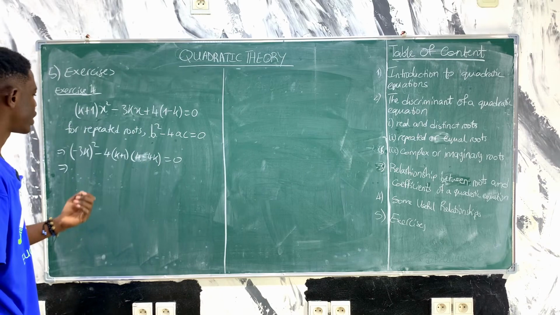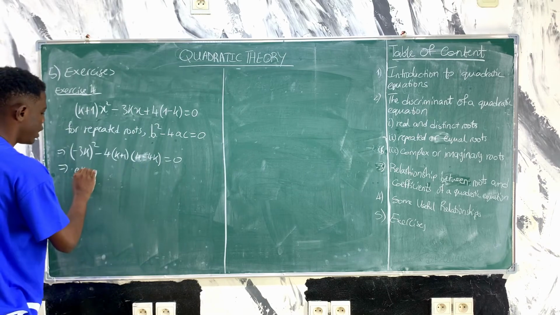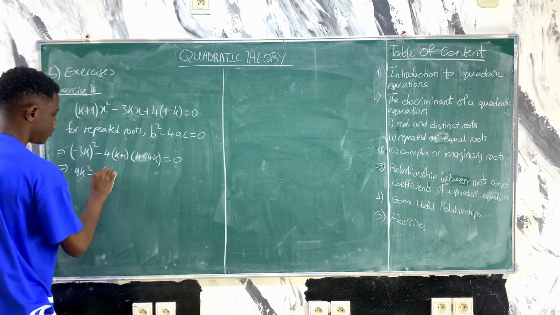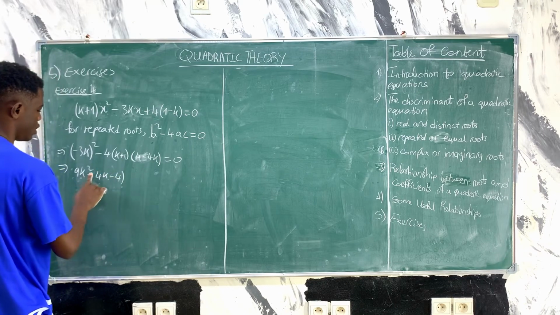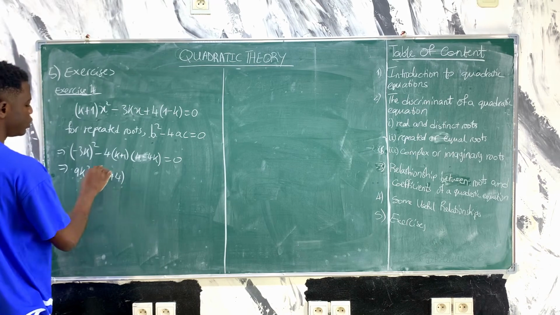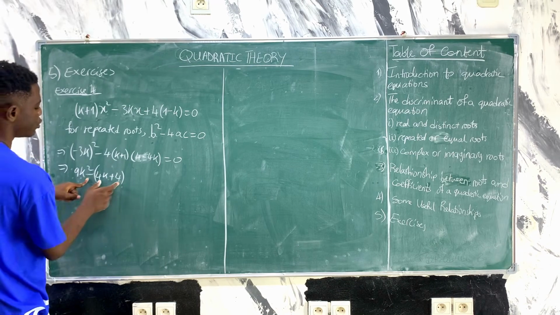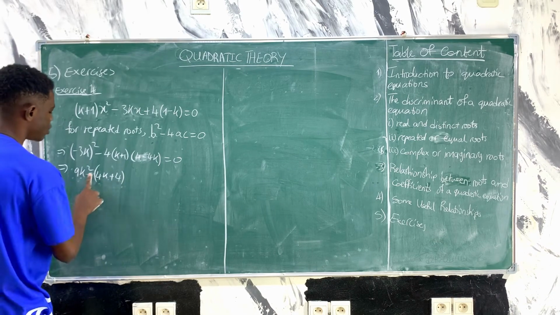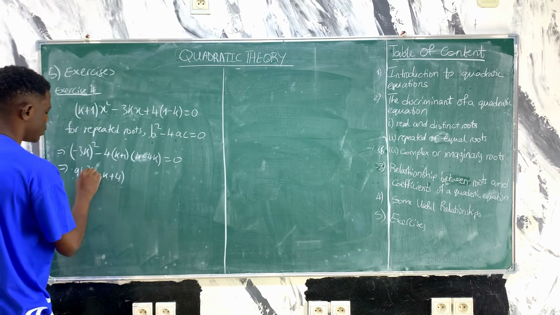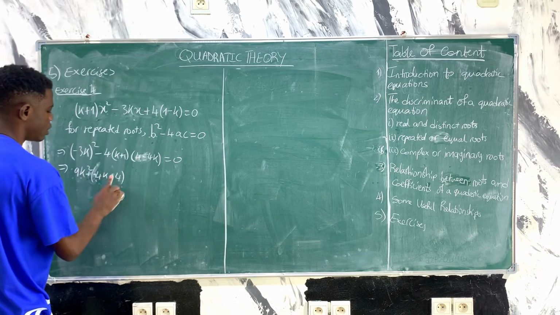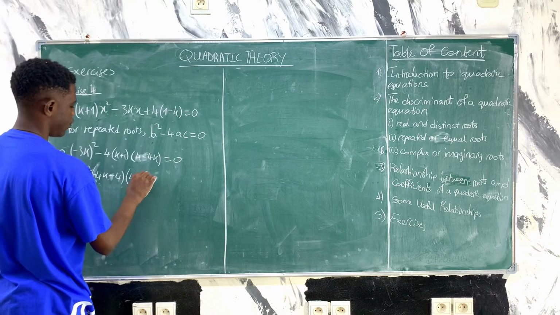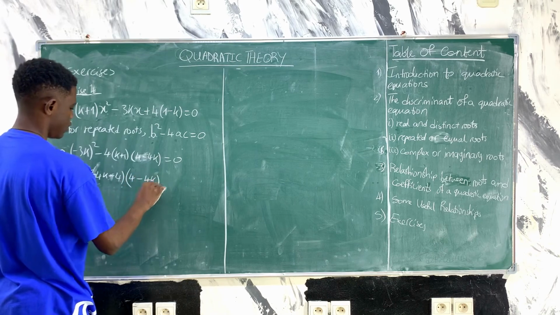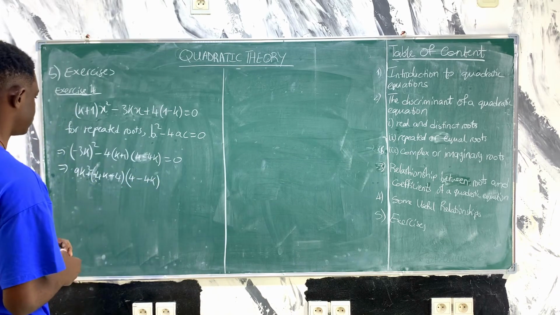So we're going to expand this. We have 9k squared minus 4k minus 4. Let me just multiply everything by minus, plus, then minus 4k minus 4 times 4 minus 4k.